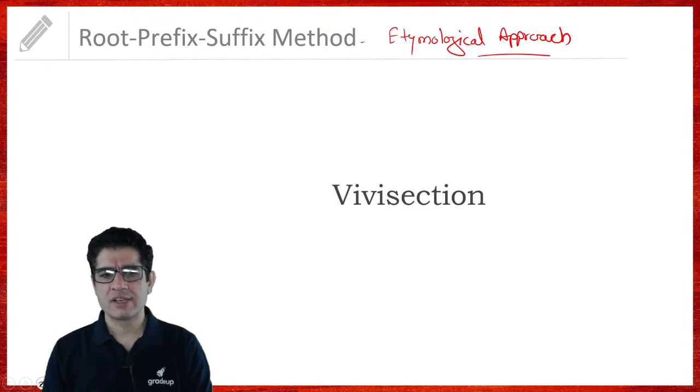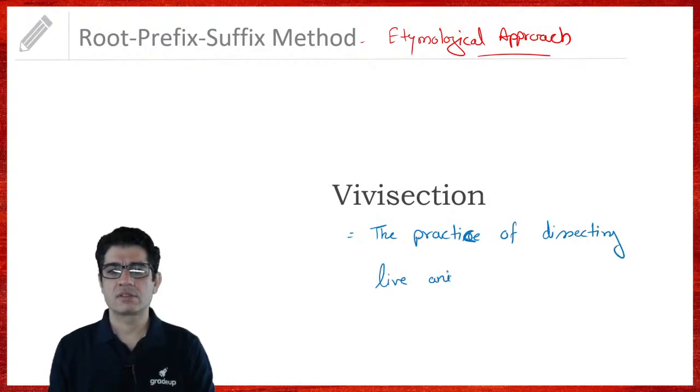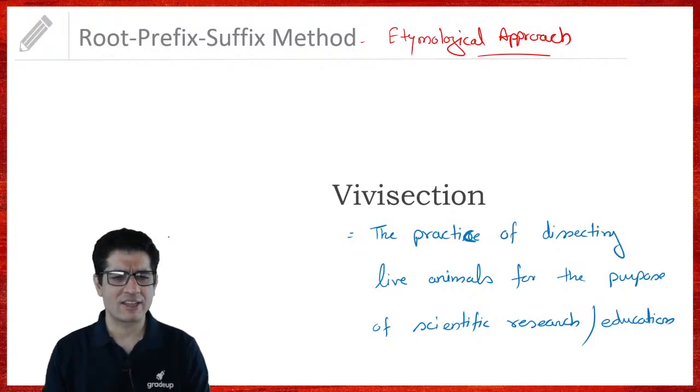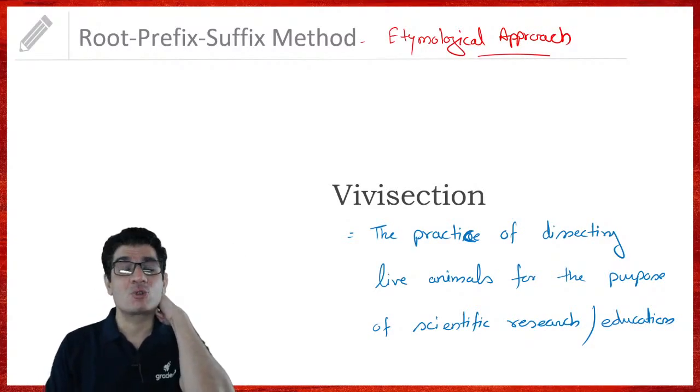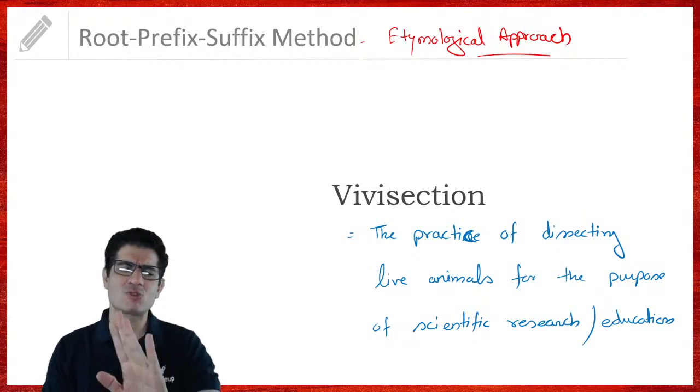So vivisection is the practice of dissecting live animals for the purpose of scientific research or education, है ना? कुछ साइंस में रिसर्च करने के लिए, कुछ सीखने या सिखाने के लिए जब जानवरों को काटा जाता है, अपने ये बहुत सारे साइंस स्टूडेंट्स करते हैं। पहले स्कूलों में ही हुआ करता था, अभी ग्रेजुअली उसे इंक्रीज कर करके एटलीस्ट कॉलेजेस तक ले गए कि स्कूल में नहीं करेंगे, है ना?